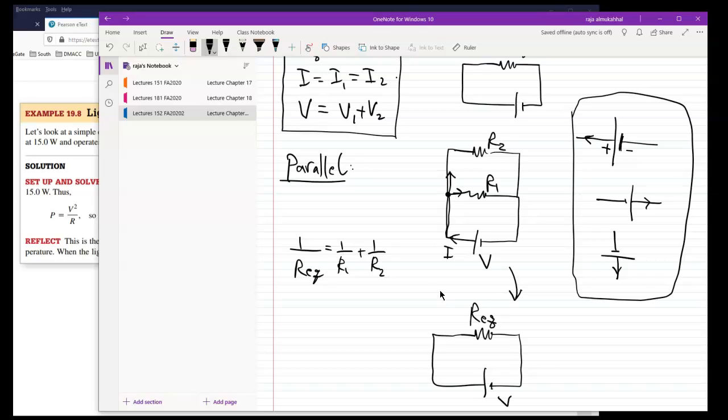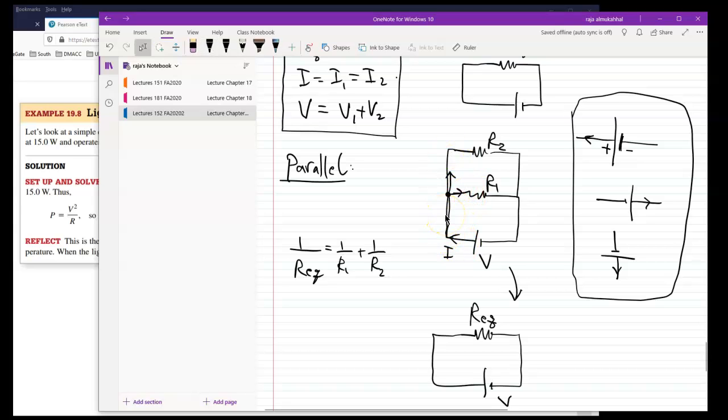Imagine this battery represents a water pump, the wire represents a pipe, and the water is flowing through it. When it reaches this junction, it will not necessarily be true that I1 and I2 are the same. Maybe not, okay? However, I1 plus I2 should equal I.